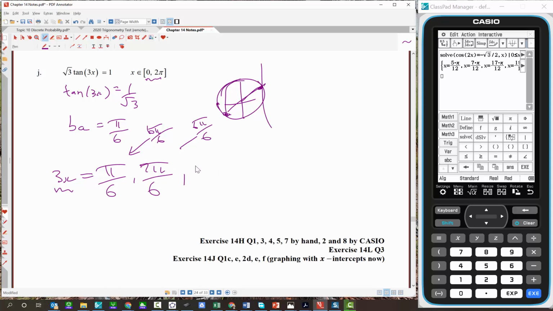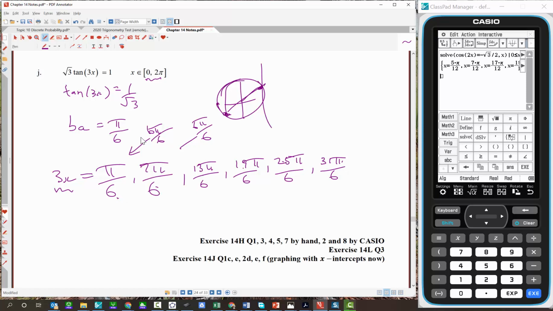So that's going to be 7 pi on 6. Interesting how that happened, because notice that I generated it here. So I'm going to generate exactly the same solution by adding pi to this one here. We're going to get 7 pi on 6, then 13 pi on 6, then 19 pi on 6, then 25 pi on 6, and then 31 pi on 6. So we've got 1, 2, 3, 4, 5, 6.